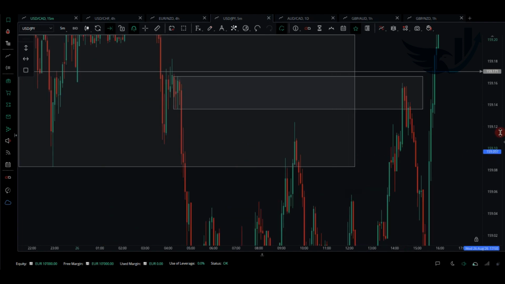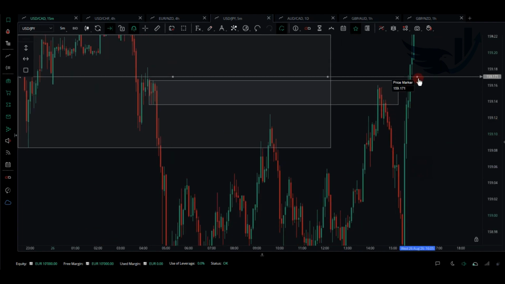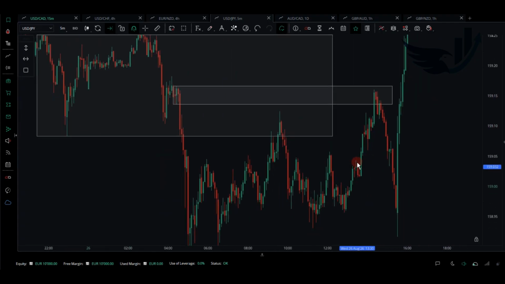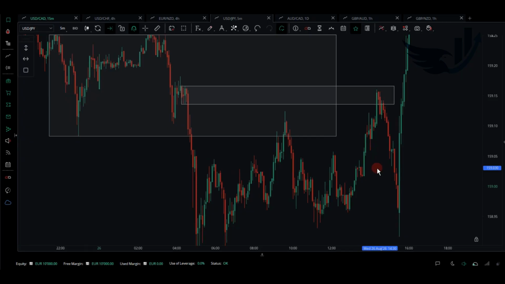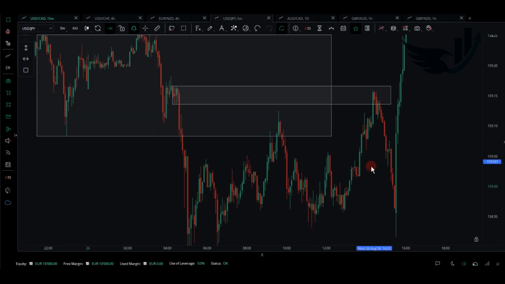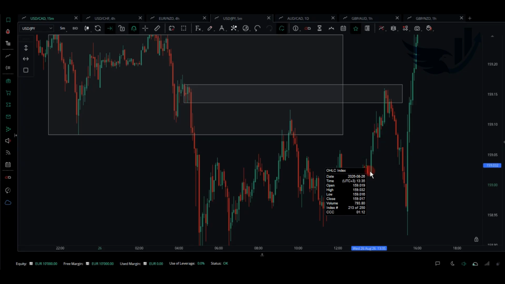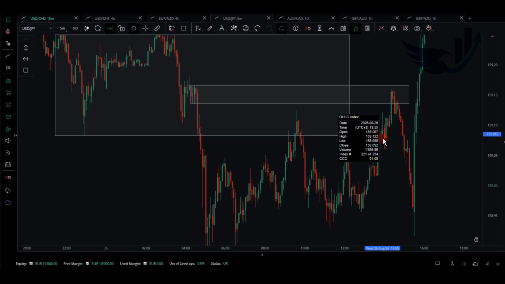But today, because we had important news, we had to close the trade at a 1-to-2 risk-to-reward ratio. But still, you can see, even if you wanted to hold the trade, you could have got at least 1-to-4 risk-to-reward ratio, which is the main rule in the modern RTM strategy.